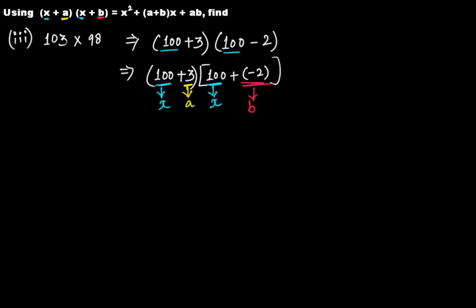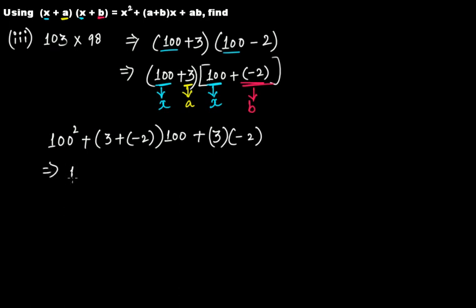So what's x²? x² is 100², plus (a + b)x means (3 + (−2)) times 100, plus ab means 3 multiplied by −2.